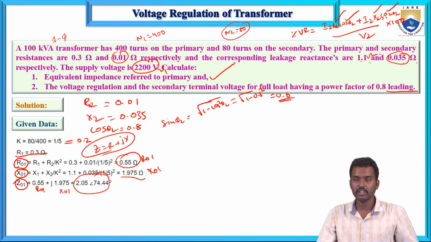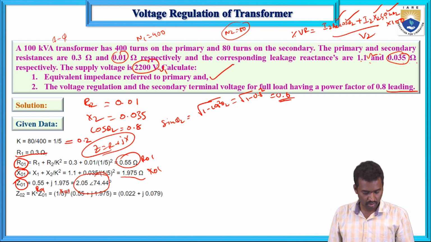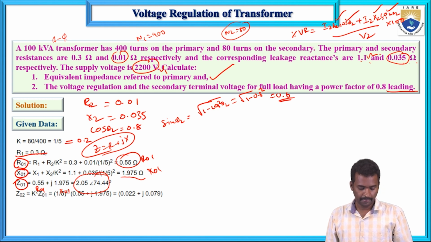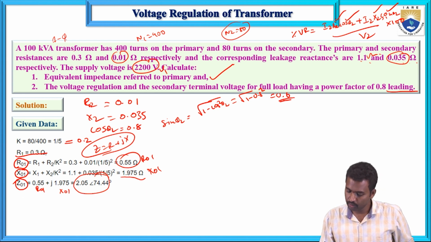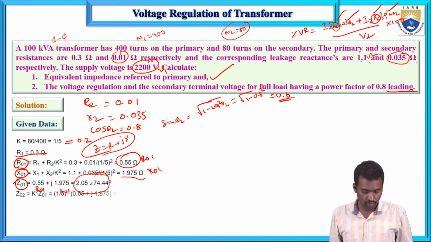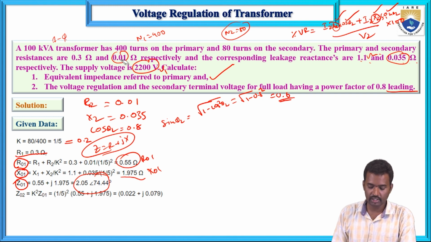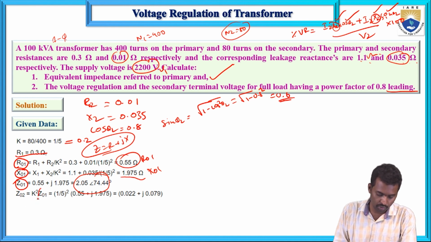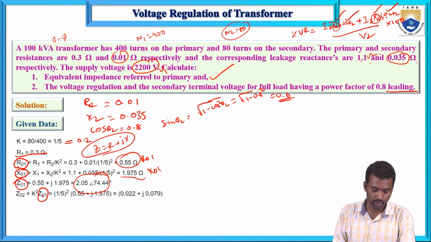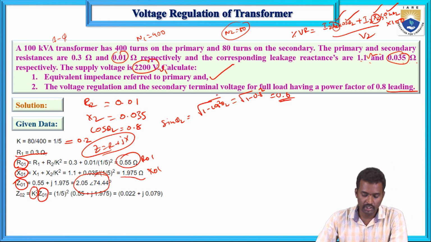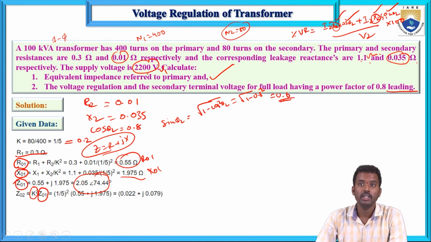Now percentage regulation, for that we need R02 and X02. For that purpose, this is the equivalent resistance referred to the primary first. So equivalent resistance referred to the secondary, there is a formula. If you know the equivalent resistance referred to the primary and this turns ratio, then you can determine the equivalent resistance referred to the secondary.